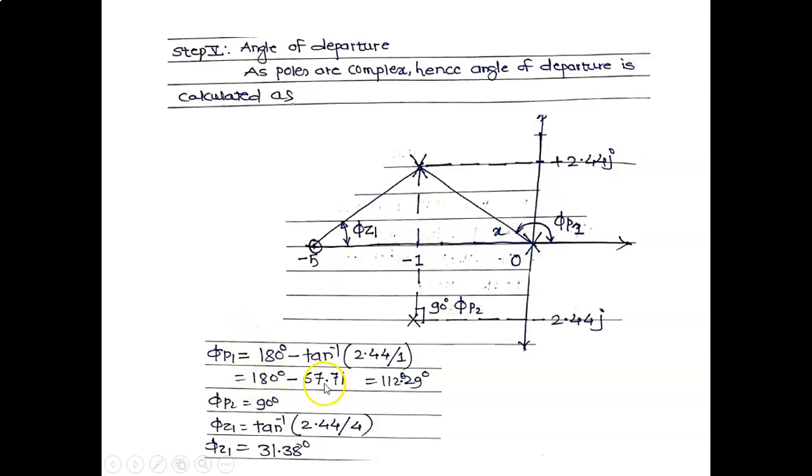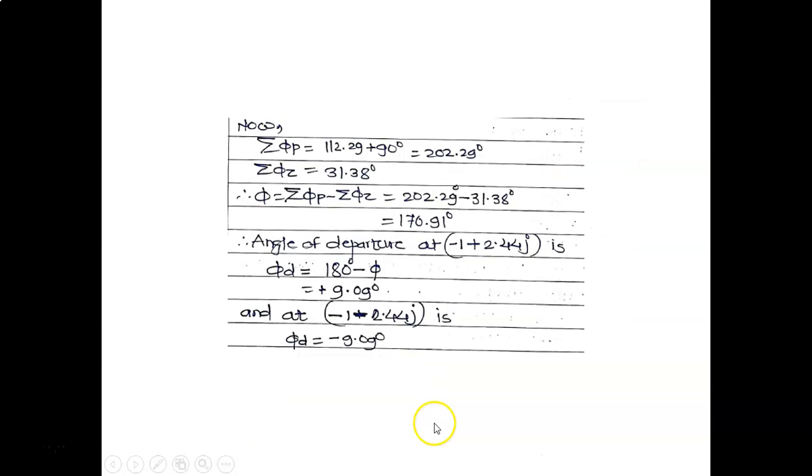Therefore 180 degree minus 67.71, which is equal to 112.29 degree. phi P2 is equal to 90 degree, and phi Z1 is equal to tan inverse of this height 2.44 divided by this 4, this distance is 4 between minus 5 and minus 1. Therefore tan inverse of 2.44 divided by 4, therefore phi Z1 is equal to 31.38 degree.